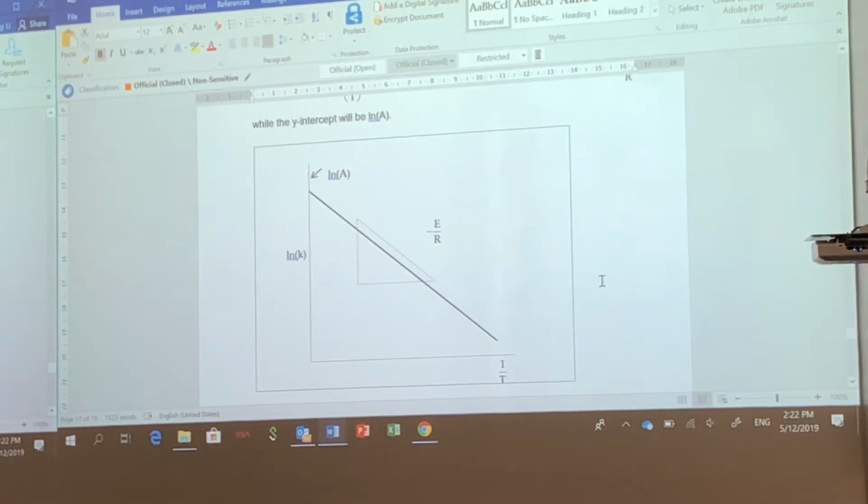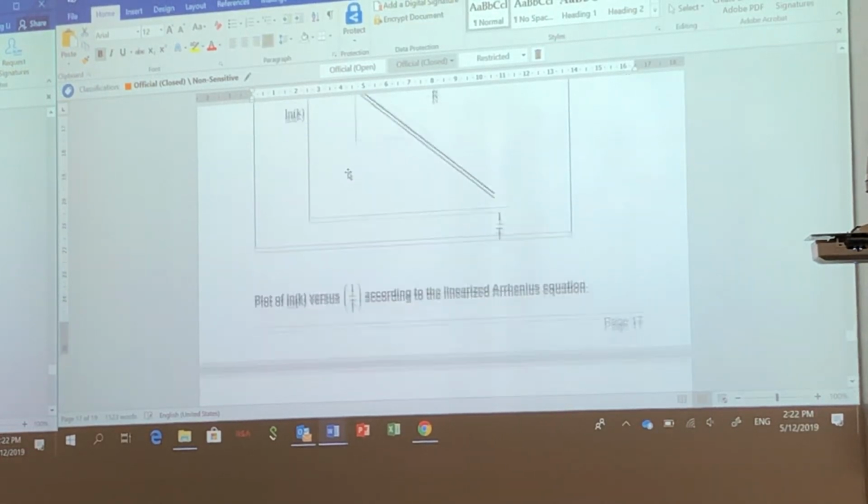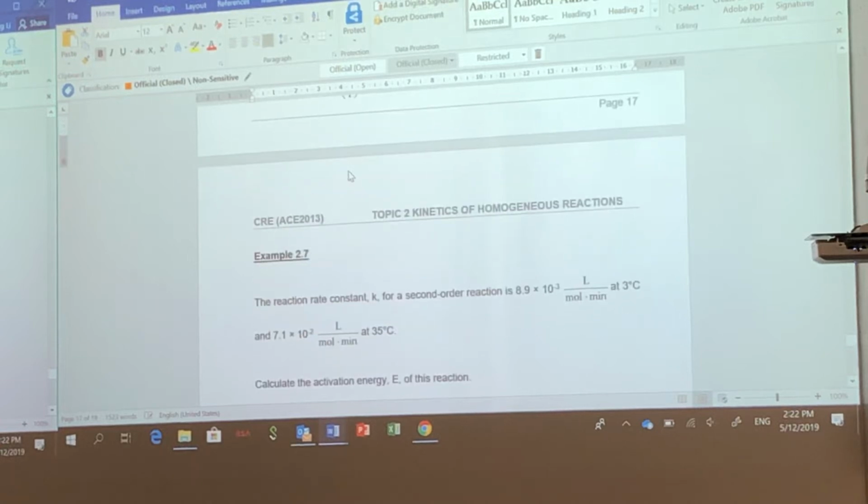Then you draw a best fit straight line. Then you display the equation. From there, you can find the gradient and the intercept. So you can find E, you can find A. Are you okay with this?